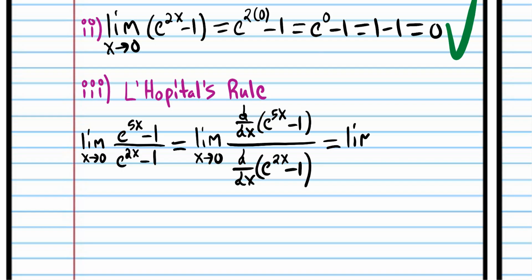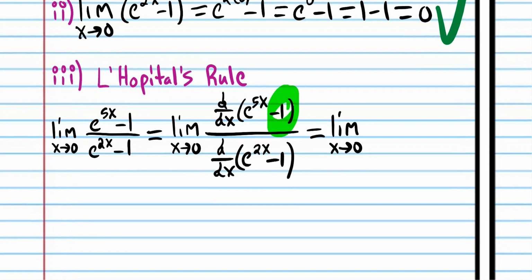So we have a function inside another function. So we have to use the chain rule. The derivative of -1, well, that's just 0. But there are 3 steps to the chain rule. We're going to find the derivative of the outside function. The derivative of e to the x is just e to the x.